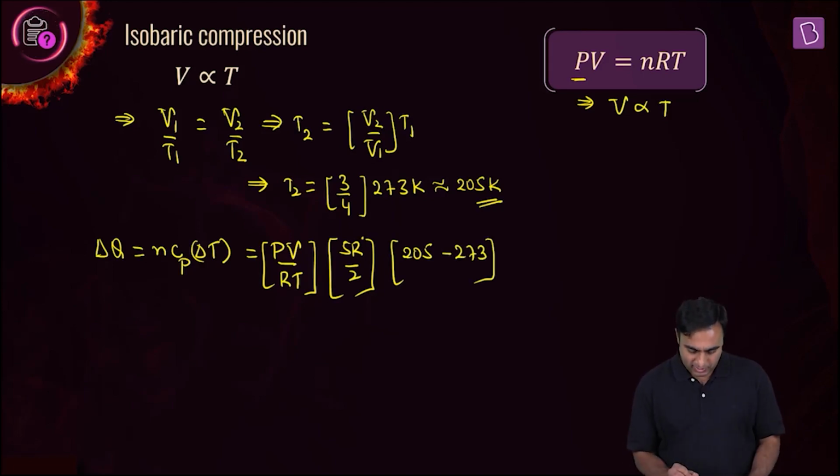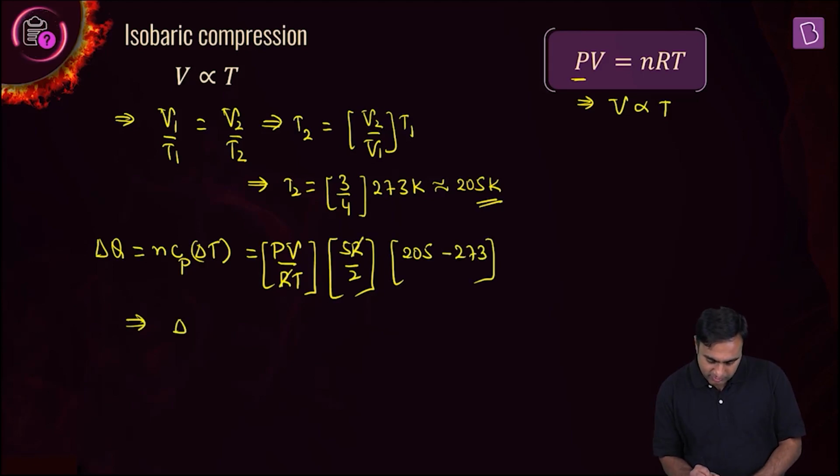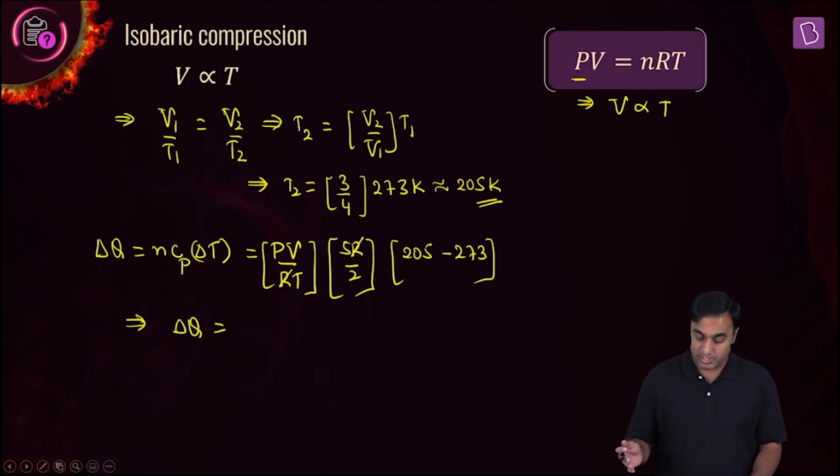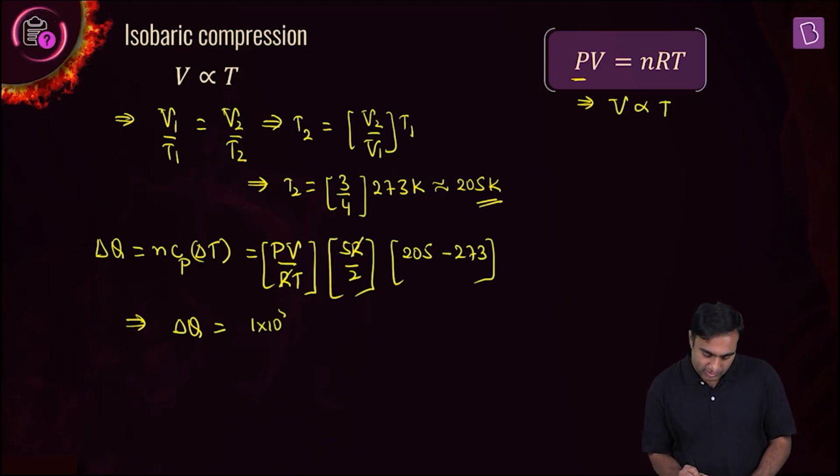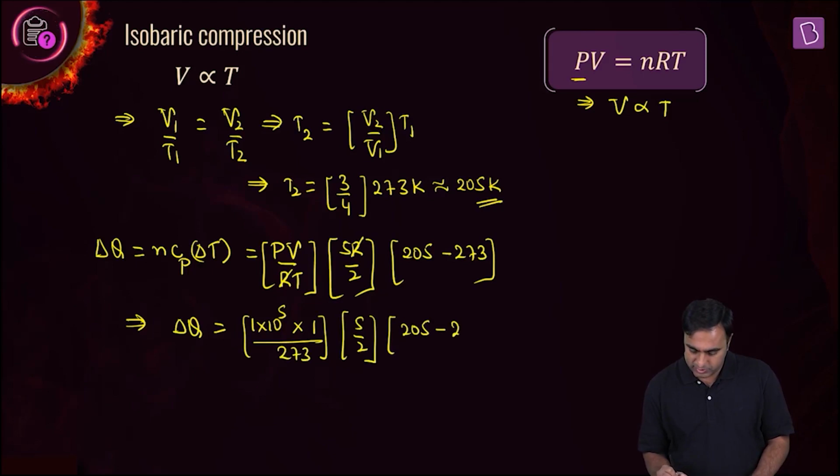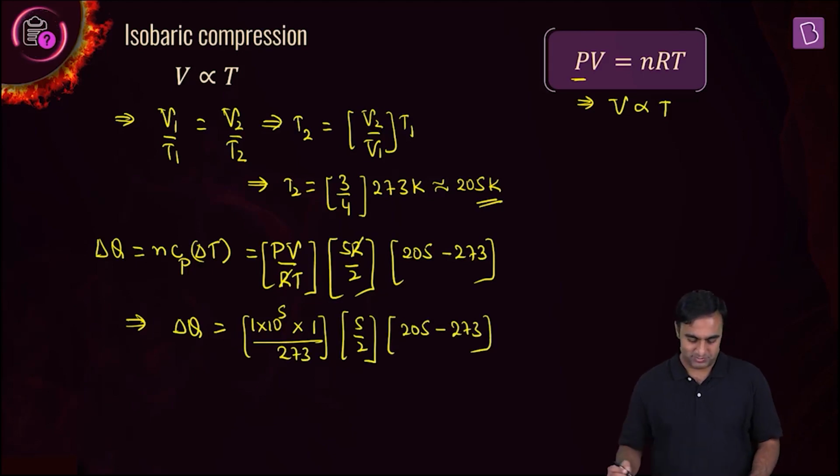But you see that R and R can be cancelled, and let us substitute the value of pressure, volume and temperature in the beginning. How much was it? 1 into 10 to the power 5 into volume was 1 meter cube divided by temperature, which was 273 Kelvin, into 5 by 2 into 205 minus 273 Kelvin.